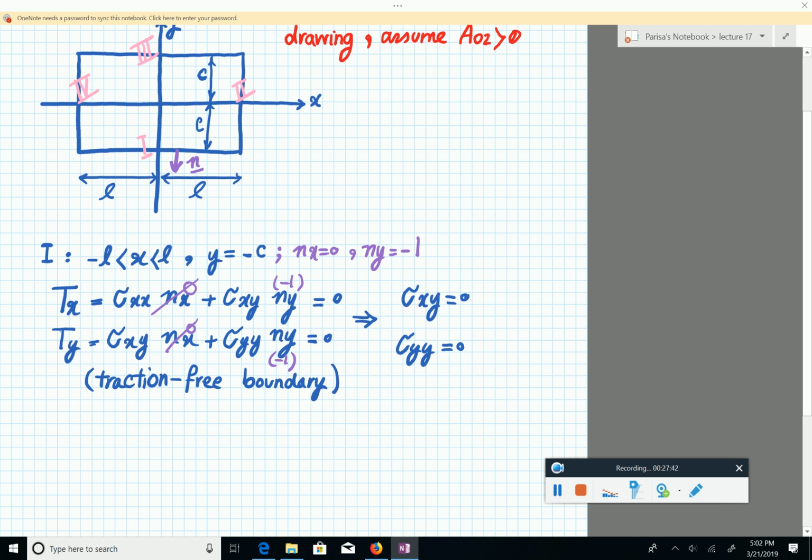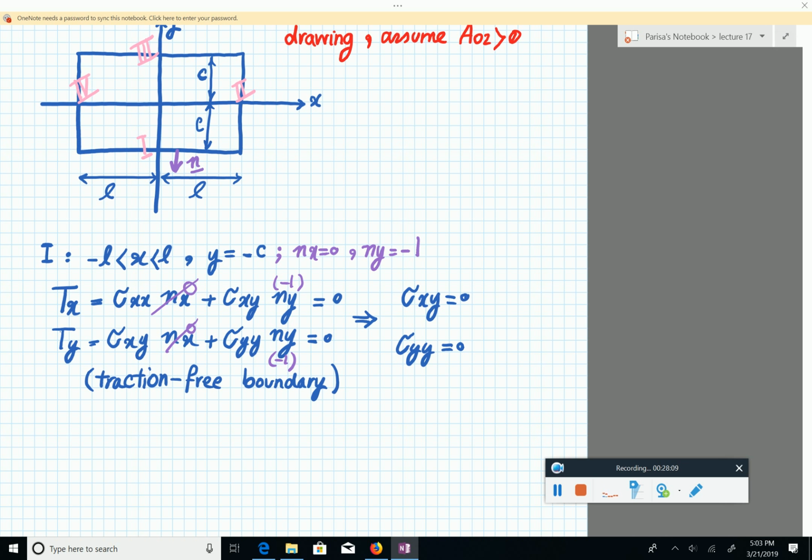So why don't you write the boundary conditions for the other boundaries. So that's exactly why we are solving this problem.